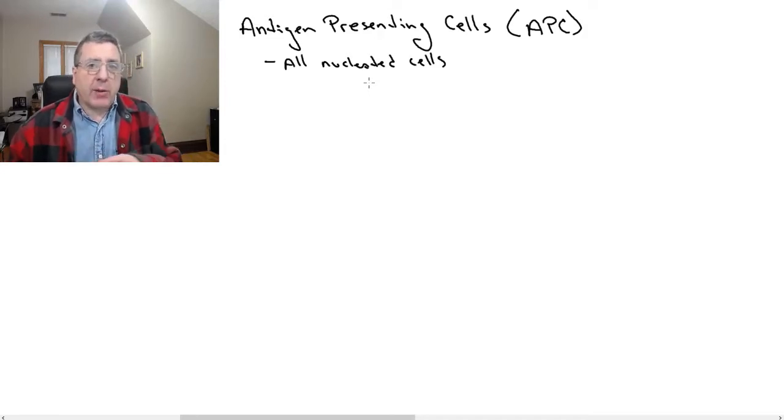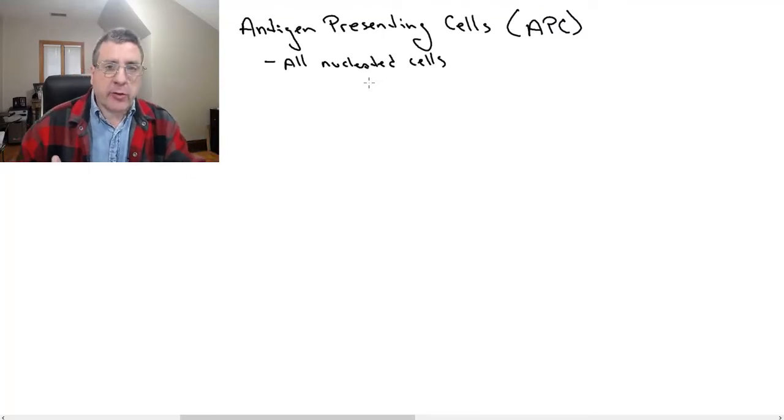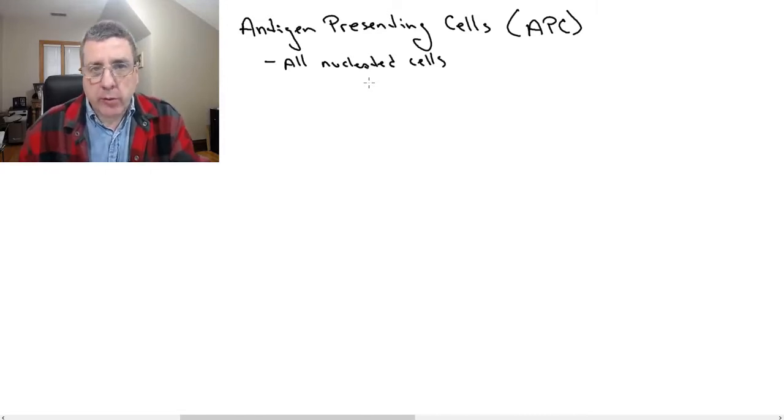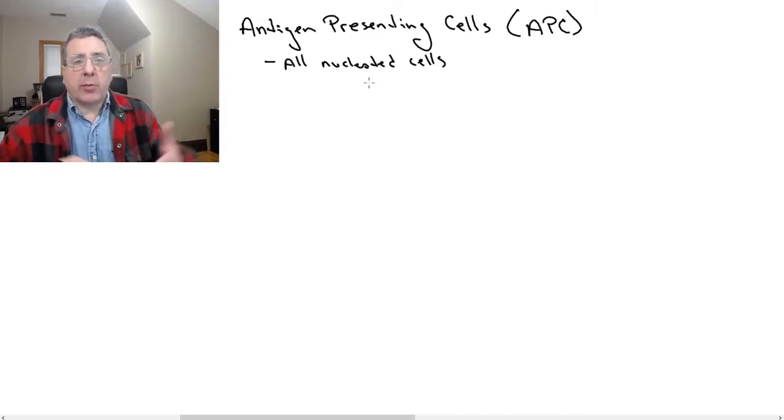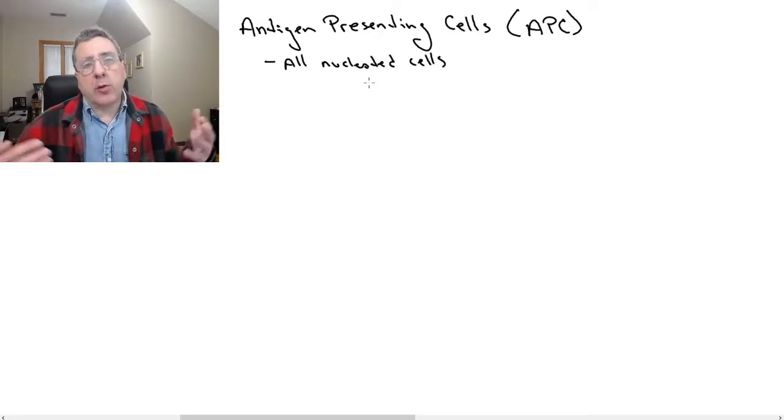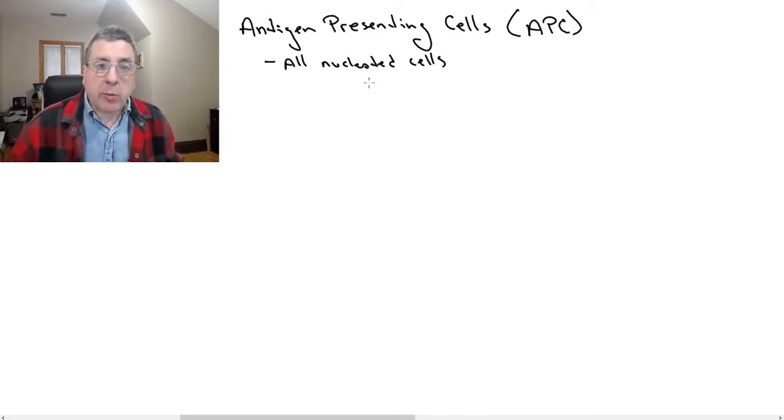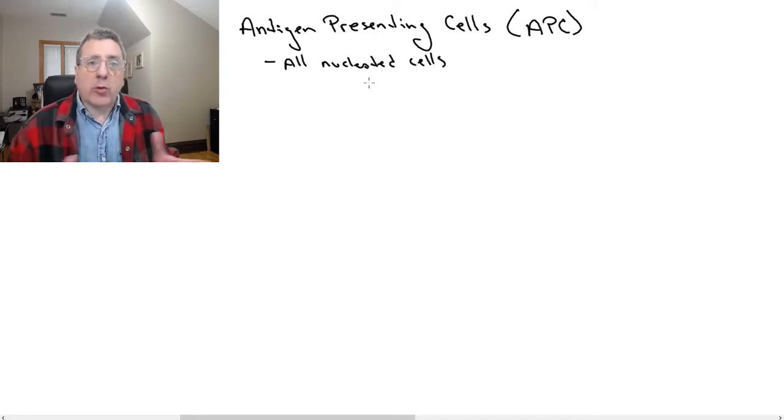And if your body recognizes that difference, it's going to see it as foreign and will attack the kidney to try to remove it. So this is transplant rejection, and this is why somebody who's had an organ transplant has to take immune suppressant medication, so there's no rejection.